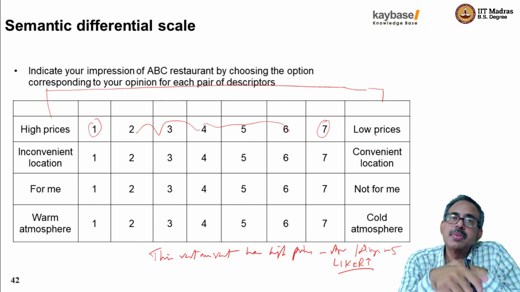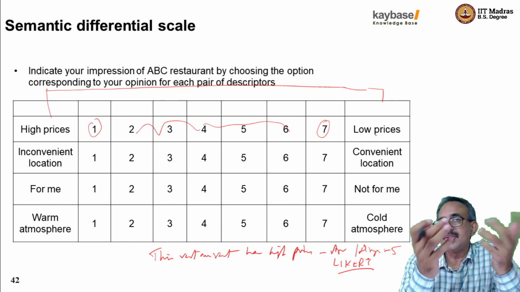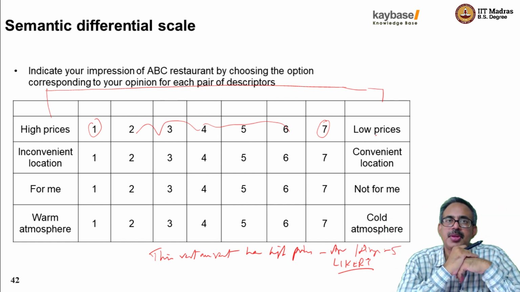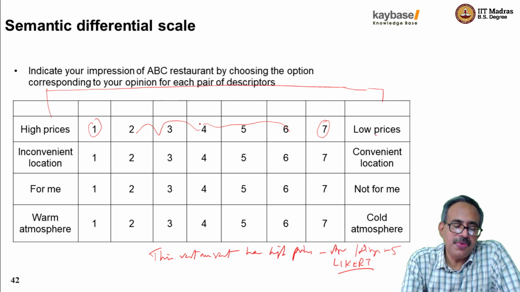Now, between these two, which will you use? We already discussed it. The researcher will use the scale that they're more familiar with, they're more used to. Right? So you choose a number here. If 4 means you're effectively neutral, you can even, if you want, give a name to this, neutral.